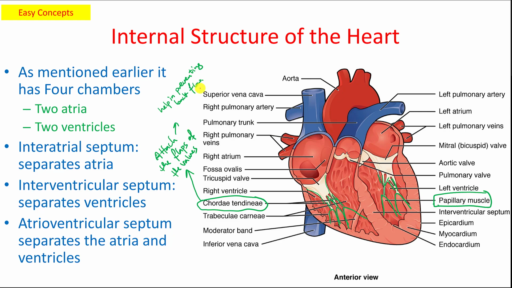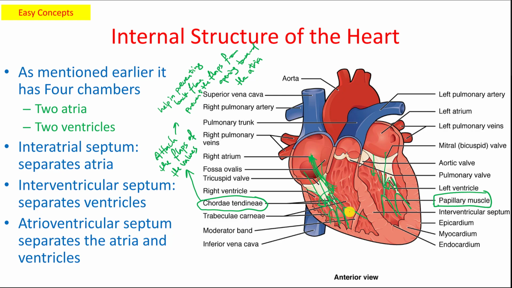Technically, those would prevent the flaps from opening toward the atria. So the flaps will always open toward the ventricle. I don't want them to open in the other direction, because then the blood would go from the ventricle toward the atria, which I don't want.